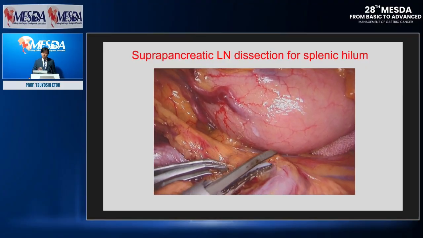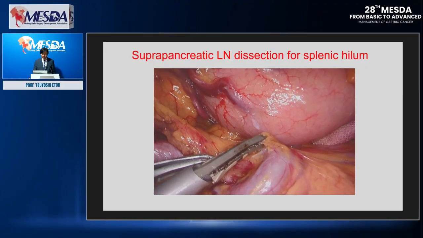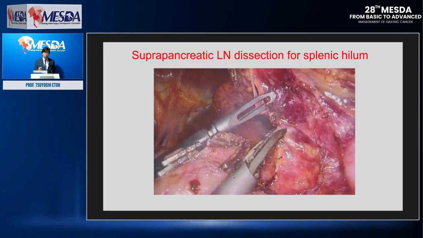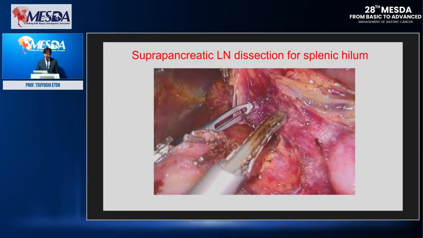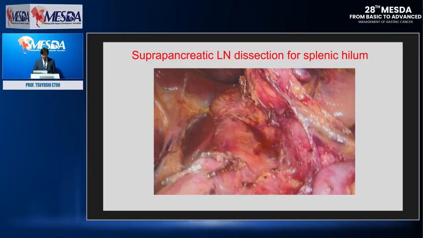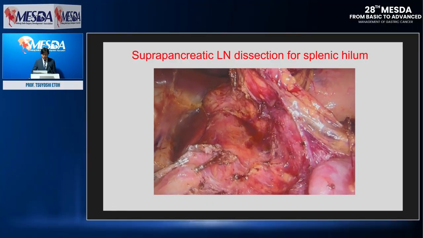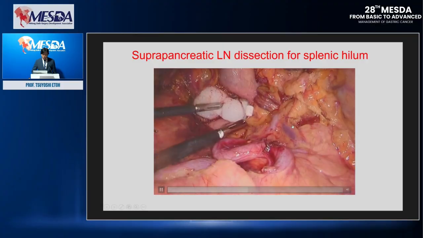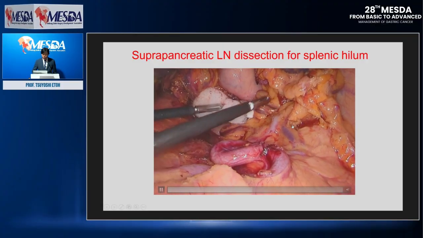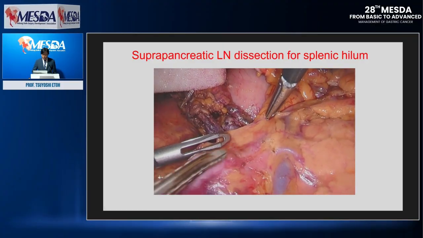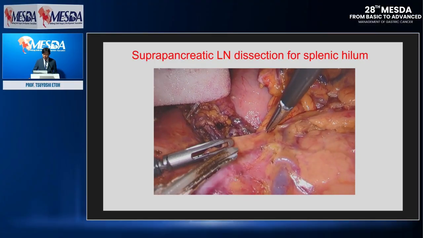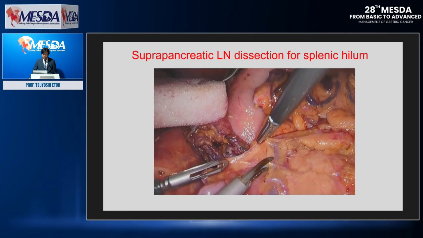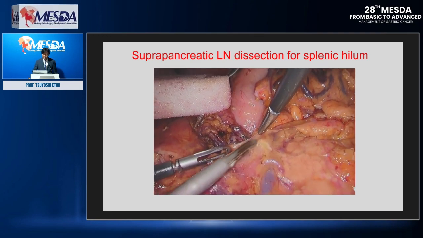I always teach the young junior staff that the procedure should be step by step, one by one, for safety. The mobilization of the gastric mesenterium like this, and then we continue to the lymph node dissection around the splenic artery and the splenic vein in the splenic hilum.